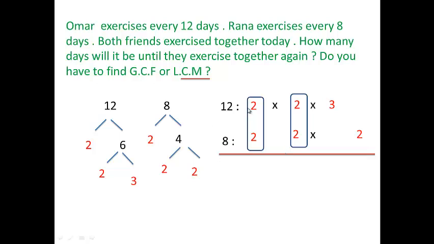The first column we have 2 up and 2 down. We need only 2, so we will take 2. And second column we need again 2. And third one we have only 3, we will take it also. And the last column here we have only 2, we will take it. Our numbers: 2 by 2 by 3 by 2. We multiply them all together, we will find 24.